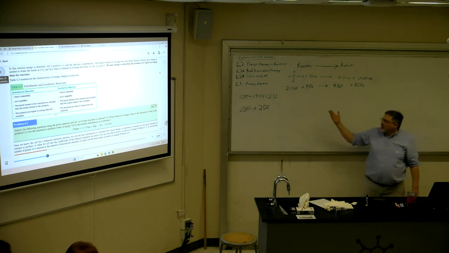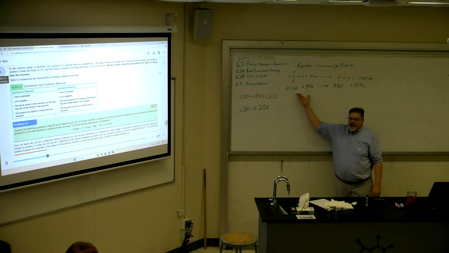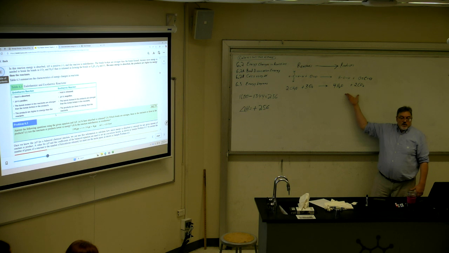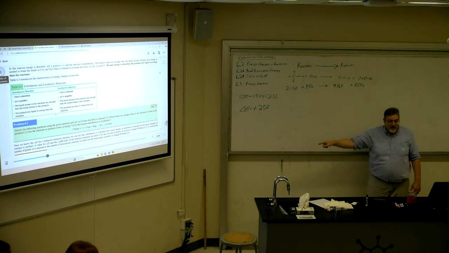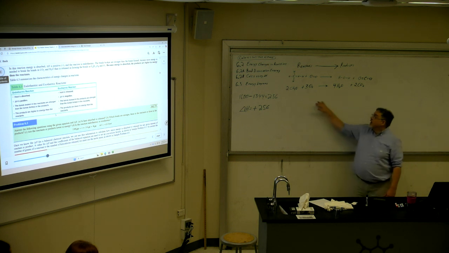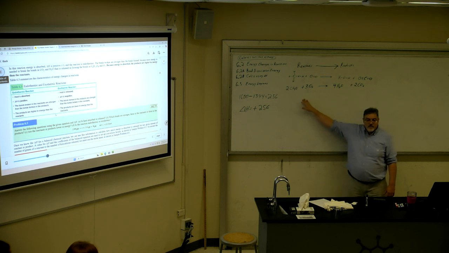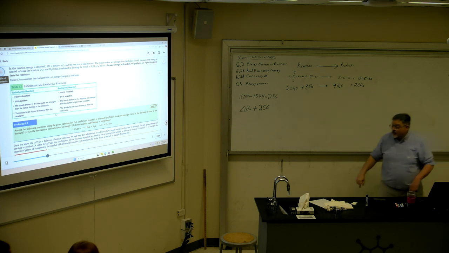This is telling you that the bonds in the reactants are weaker on the whole, all together as a bulk. These were stronger. That's why energy came out. It is possible to have stronger here and weaker here, and then you don't get all the energy out that you put in. Anyway, that's what this third statement is.